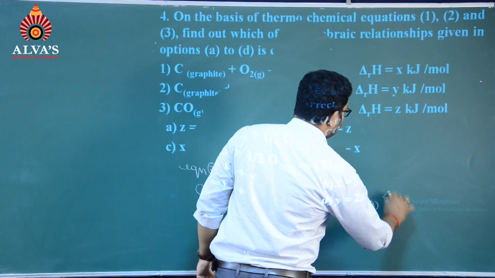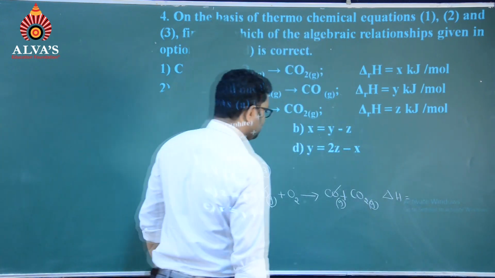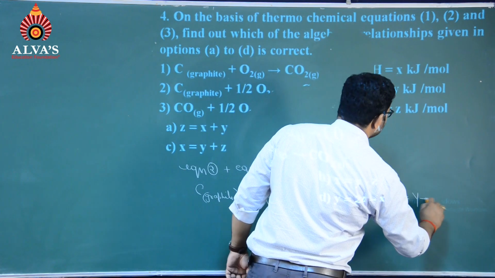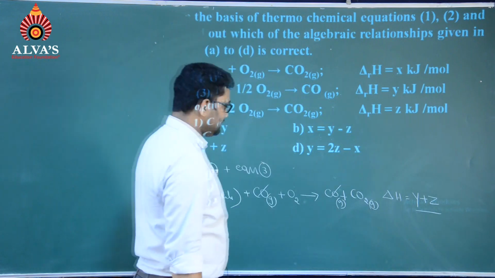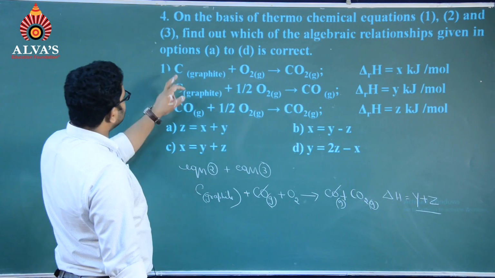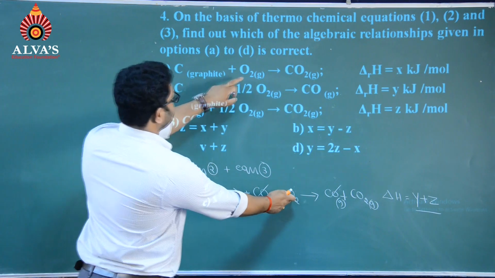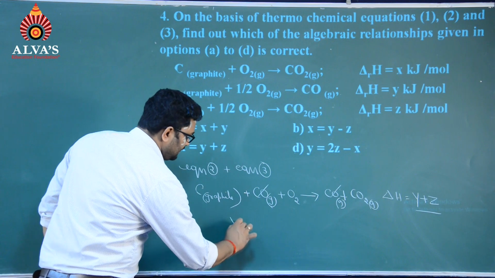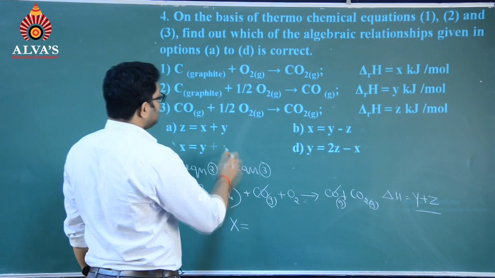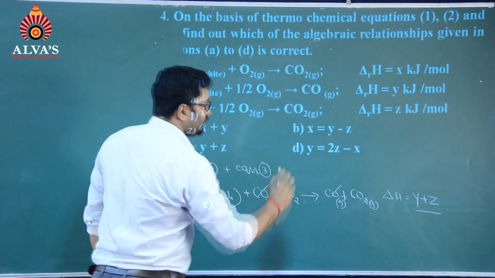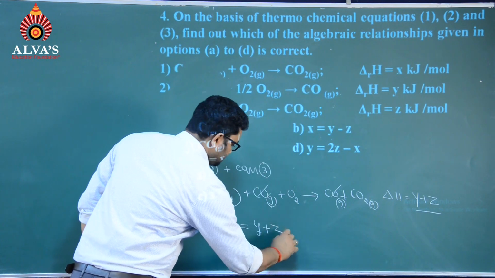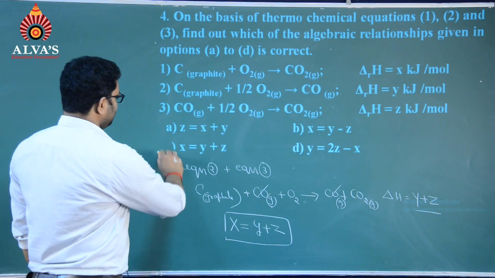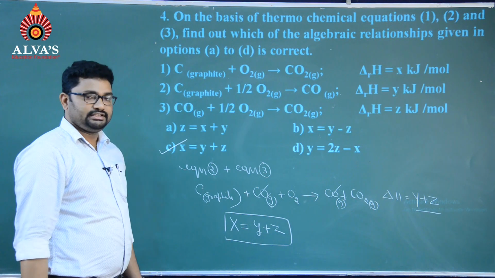Here the delta H value is 2 plus 3, means it should be Y plus Z. Carefully look into the first equation. Carbon plus oxygen gives carbon dioxide. The enthalpy value is X, therefore, X is nothing but the sum of 2 and 3, that is Y plus Z. X equal to Y plus Z, therefore, the answer for the question is the third option C.